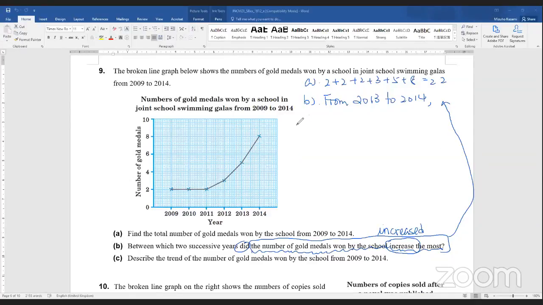Okay. And then part C, describe the trend of the number of gold medals won by school from 2009 to 2014. It means you have to tell something about this line. Now, in this case, this part, there's no change. Then you describe this part first.